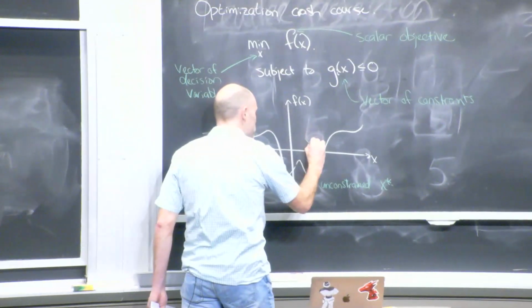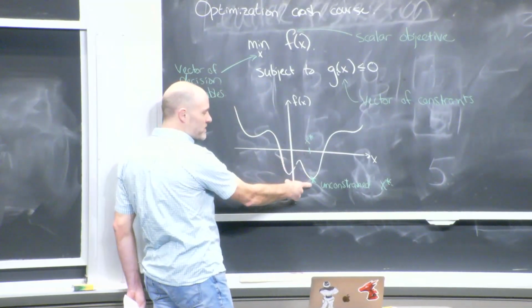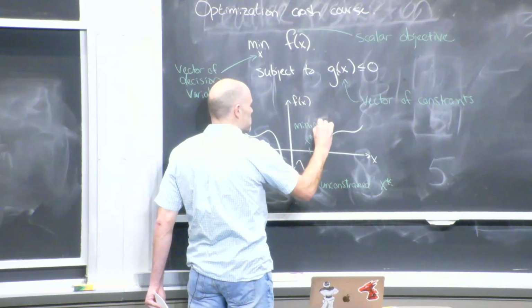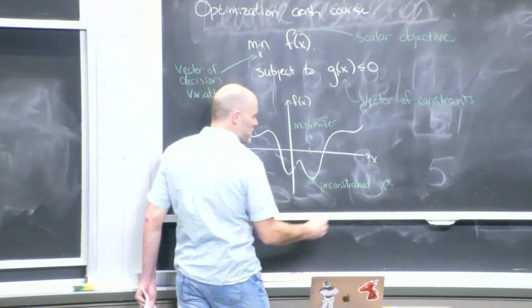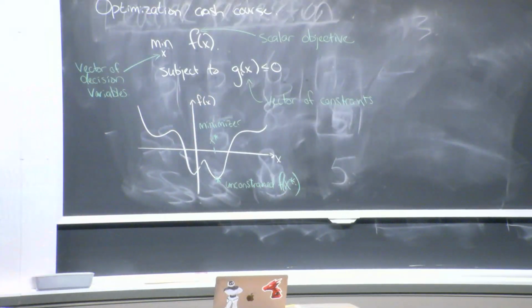The value of x that obtains the minimum is the minimizer. And the minimum value is f of x star, right?